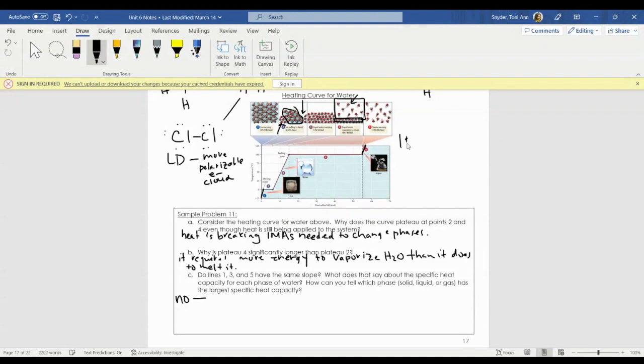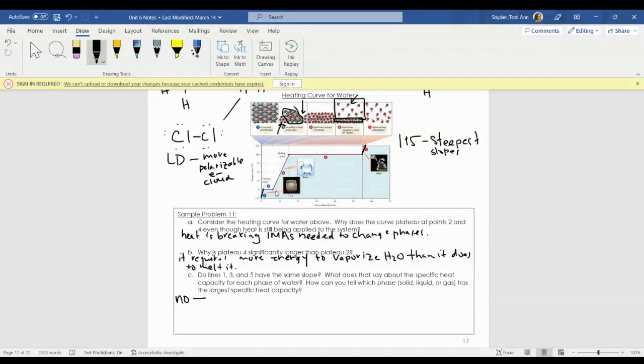So we'll say 1 and 5 have the steepest slopes. This must mean that we do not have to add nearly as much energy to raise the temperature of that particular phase of matter. It takes much less energy to raise the temperature of ice and of water vapor than it does for liquid water.